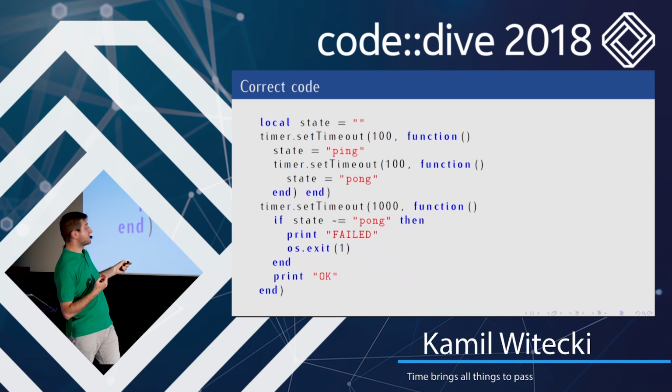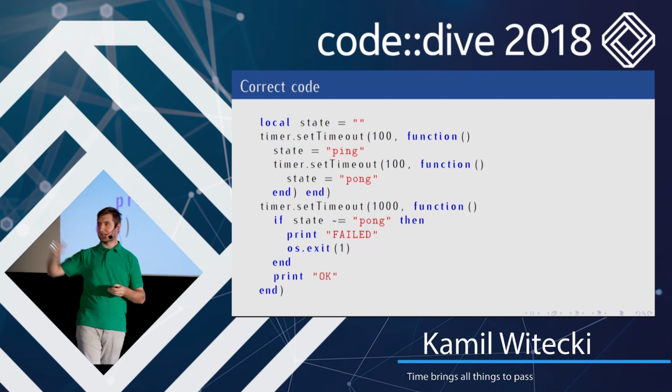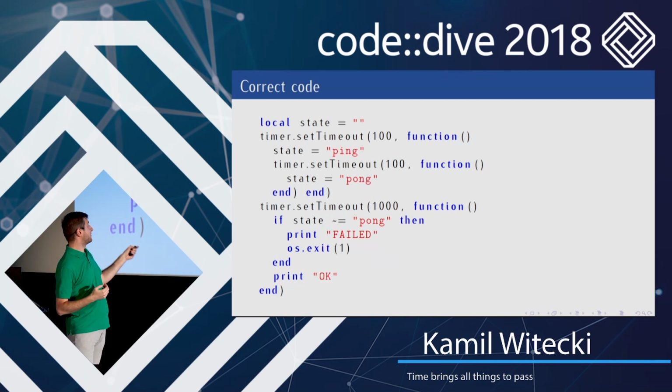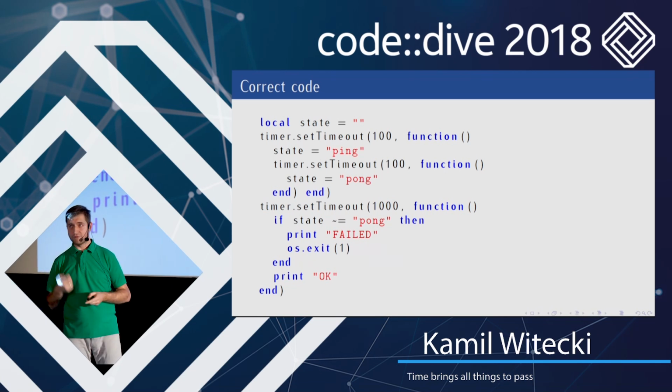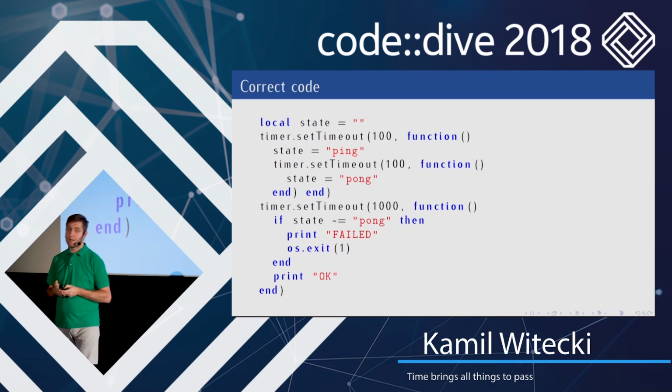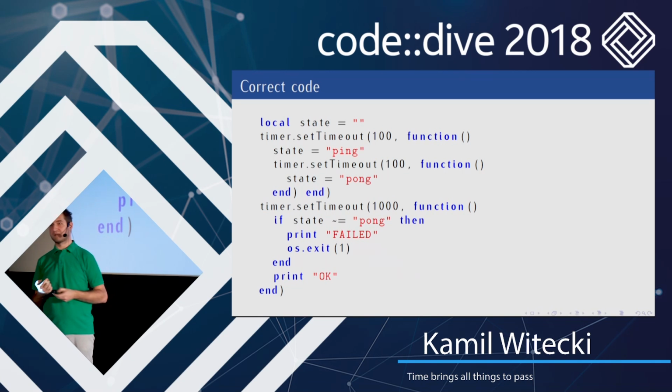And the third is set far in the future. 1 second in the future in terms of CPU is eternity. That is basically verifying the state. Obviously, if you are running it on any decent CPU today, it will always pass. But it will take 1 second to execute this example.